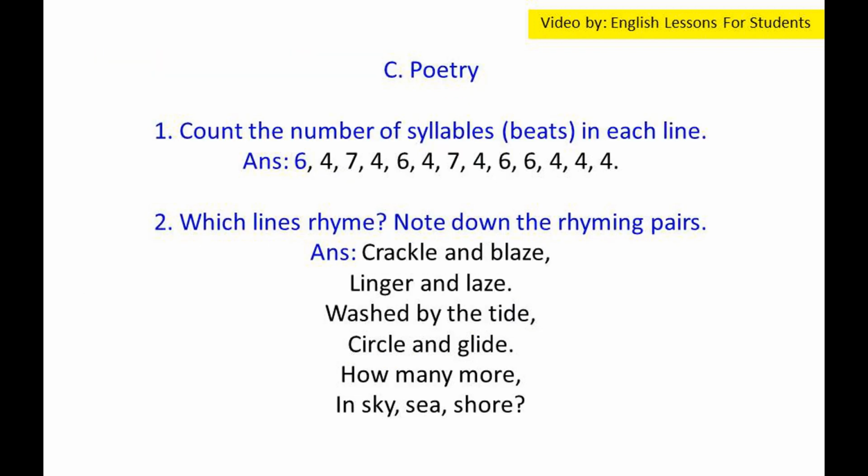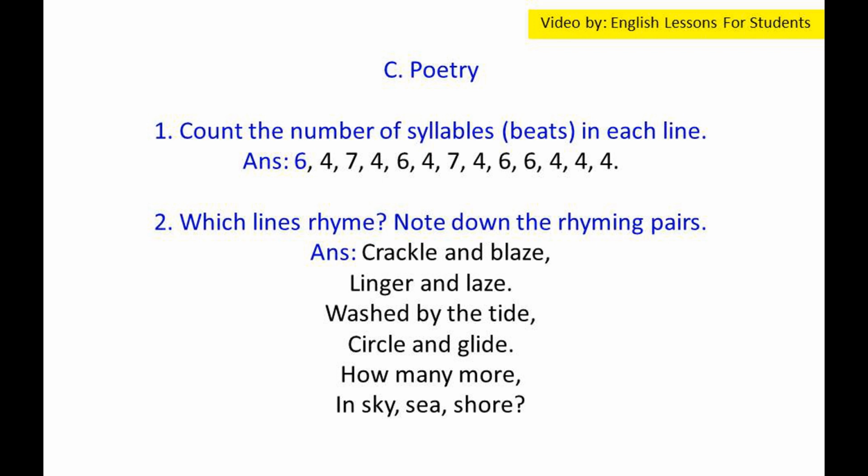C. Poetry. 1. Count the number of syllables, beats in each line. How many are there in each? Answer. 6, 4, 7, 4, 6, 4, 7, 4, 6, 6, 4, 4. 2. Which lines rhyme? Note down the rhyming pairs. Answer.